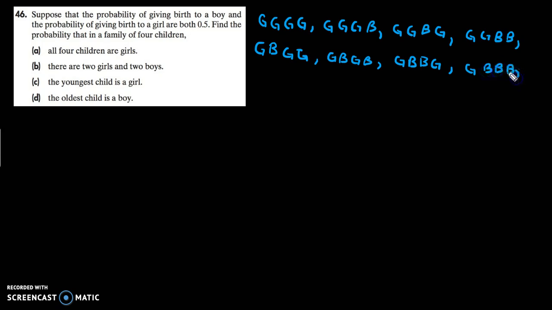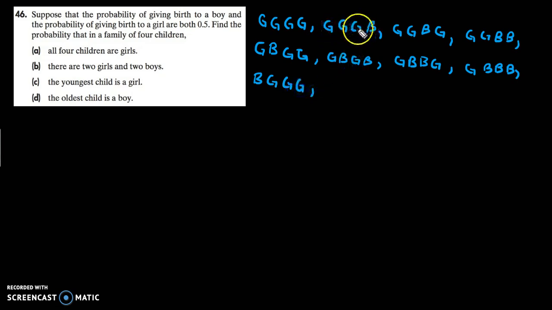Okay, so notice we have 8 outcomes, and if we think about it, there's 2 choices here, 2 choices here, 2 choices here, 2 choices here. So 2 times 2 times 2 times 2, 2 to the 4th, there's going to be 16 different options. So the rest of our list is going to look just like this, except it's going to be all the ones that start with B now.